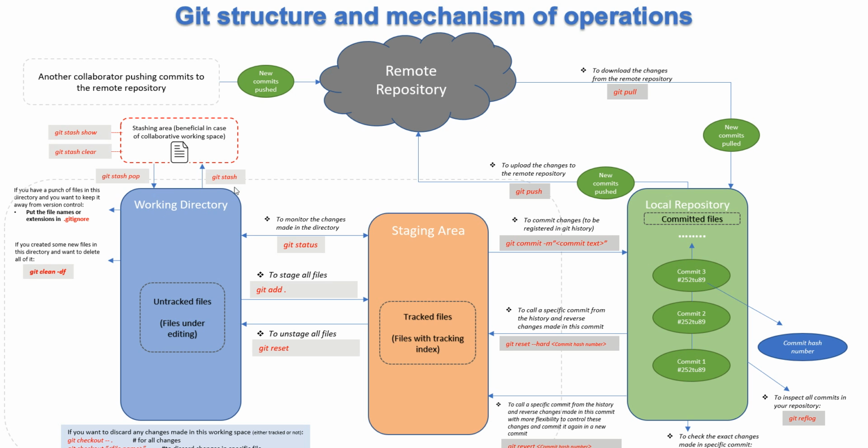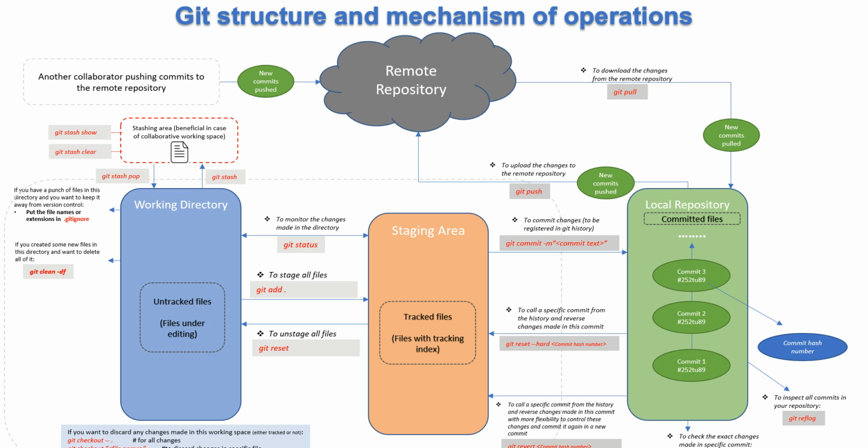And in this case, you will have some kind of conflict, but this will give you the option to decide what decision you should make, like whether to consider your changes or your colleague's changes. Of course, it will mark the changes for you.